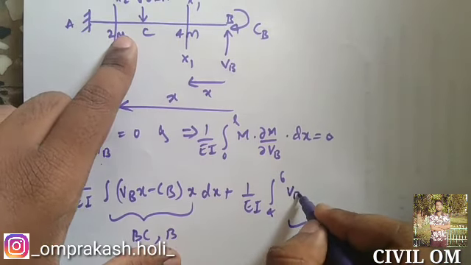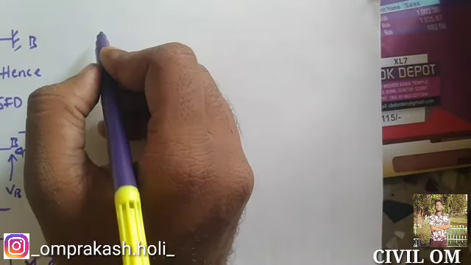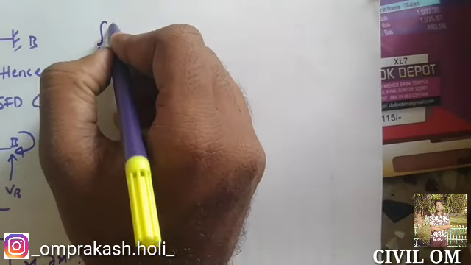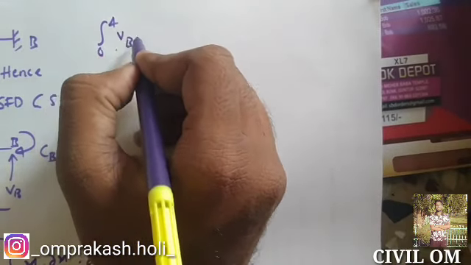Now next we'll get this expression, so we'll simplify this equation. Integral from 0 to 4 of VB x square minus CB x dx, plus integral from 4 to 6 of VB x square minus CB x minus 60 x square plus 240x dx, is equal to 0.